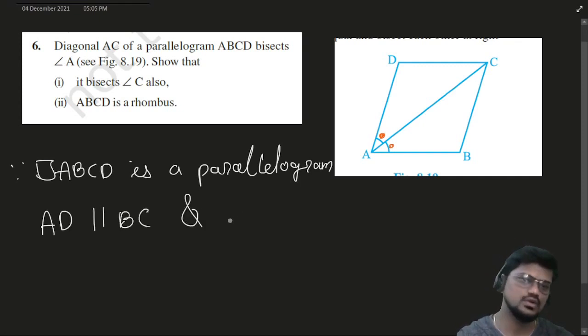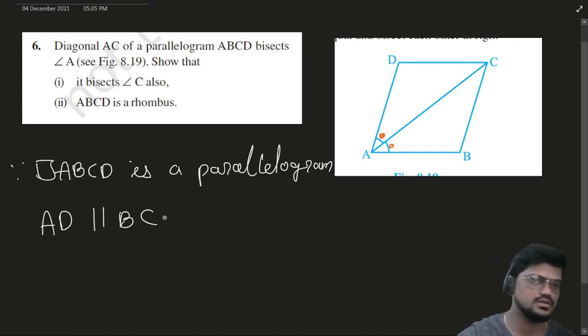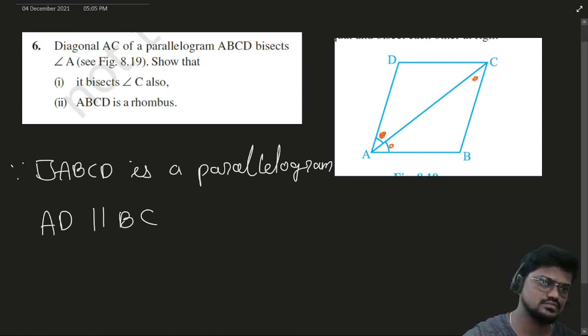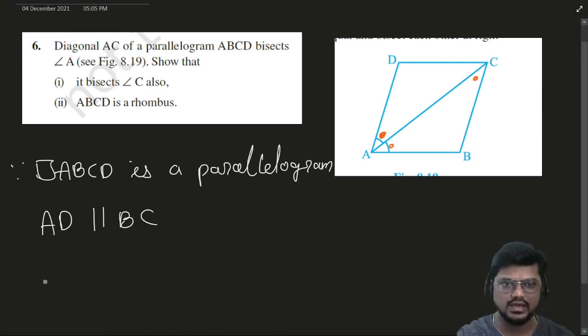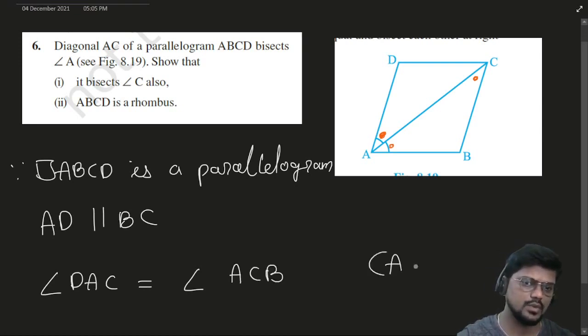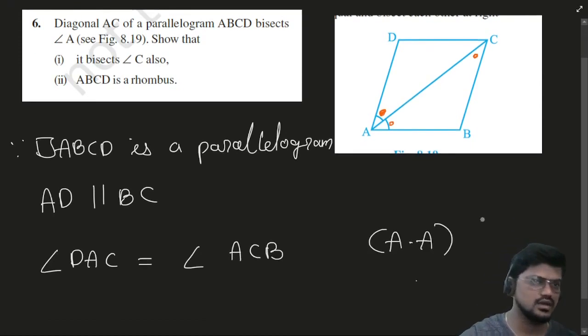If AD is parallel to BC, can I say this angle is equal to this angle by alternate angles property? Yes, angle DAC will be equal to angle ACB, by alternate angles. So we got that angle DAC is equal to angle ACB.